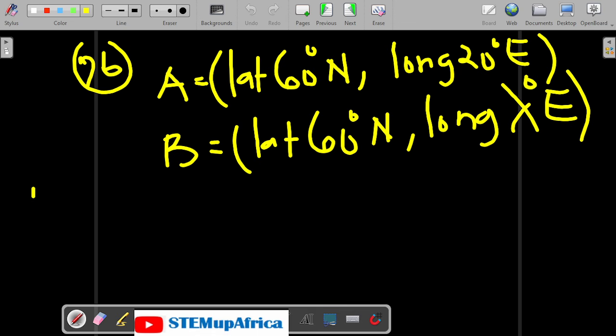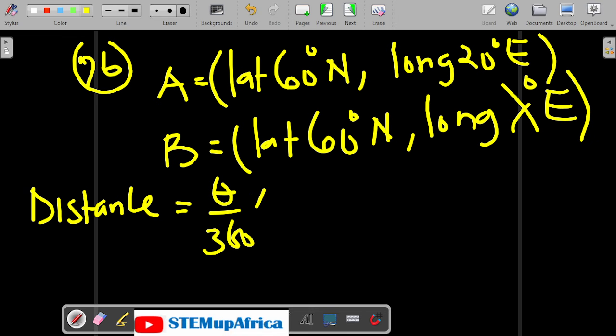So the distance along a parallel, when you have a different longitude and the same latitude, is theta over 360 times 2 pi r cos alpha. So let's look for our theta.